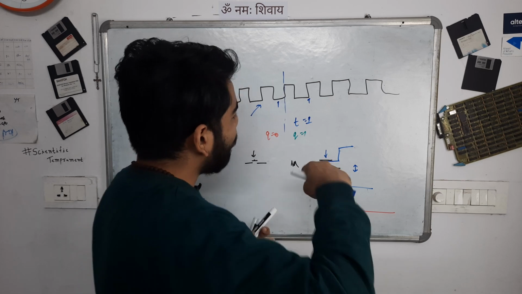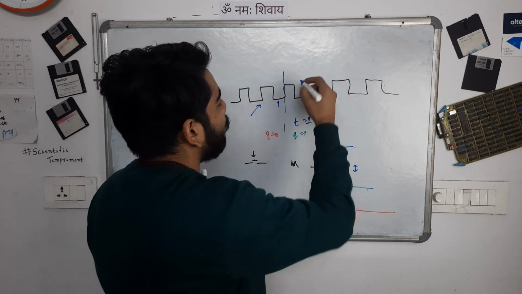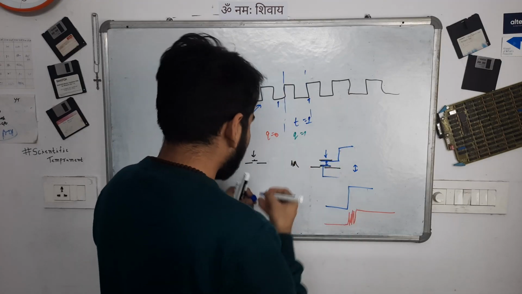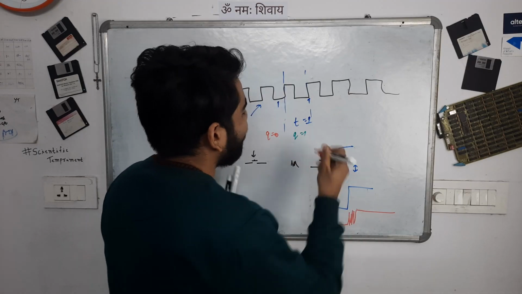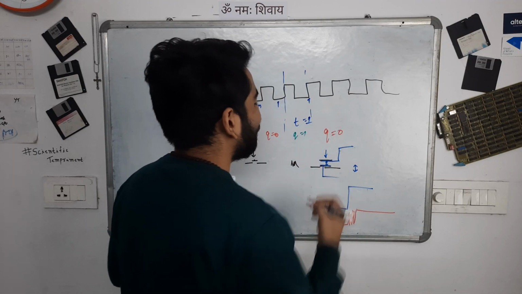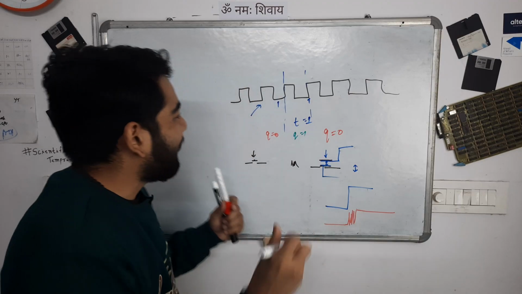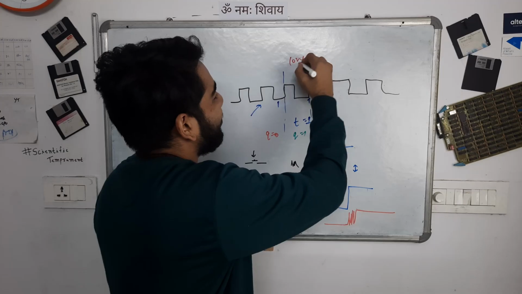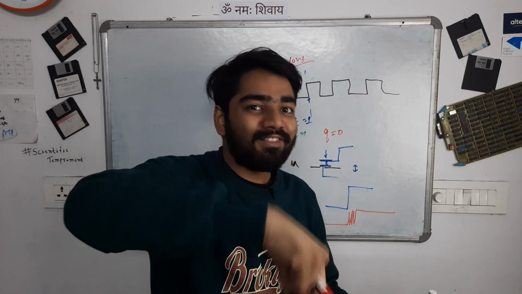Now I have to lift my finger up before the next edge. Otherwise, what is going to happen? q is again going to toggle back to 0, because t is equal to 1. The period for a 100 megahertz clock is 10 nanoseconds, so my finger obviously won't be able to lift that fast.